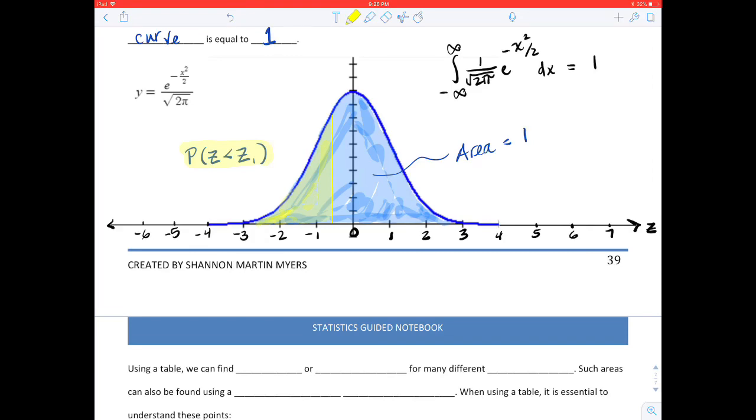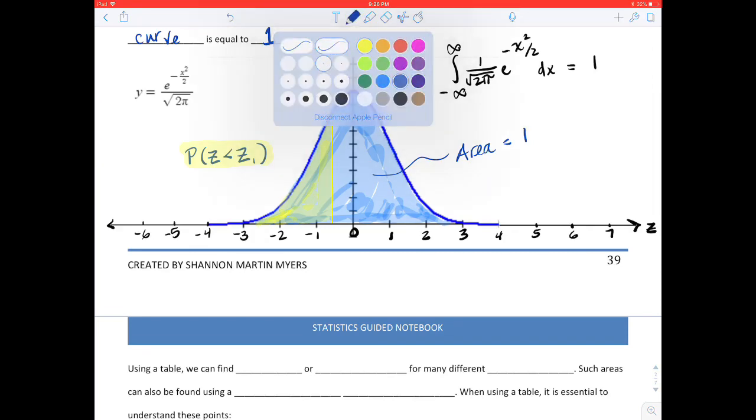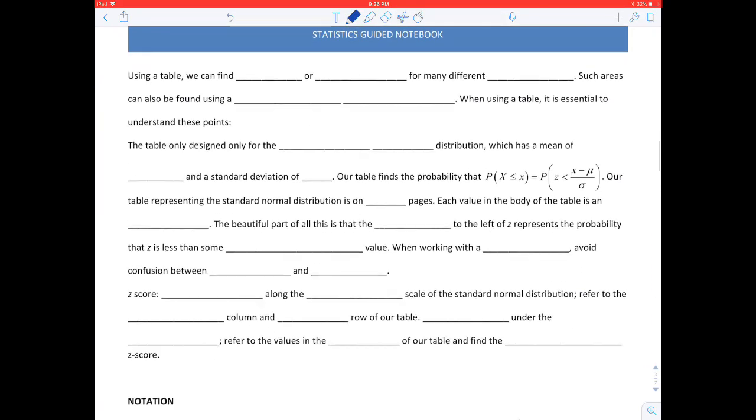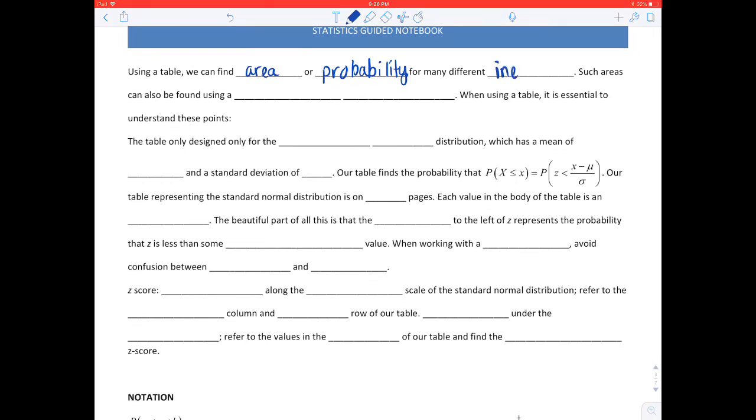All right, so let's move it along. If you use a table, what you can do is find your area, or remember it's probability, inequalities.